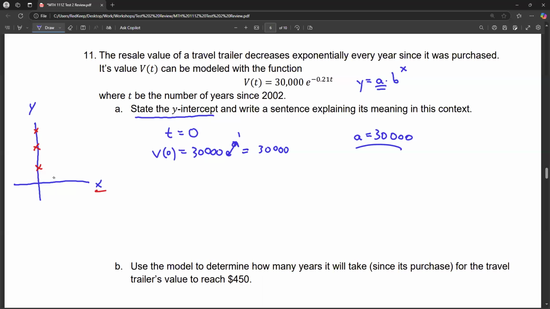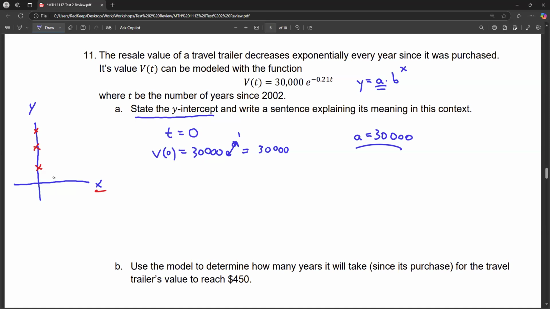Oh, and we are supposed to write a sentence explaining its meaning. Actually, more to what this question is asking us. I was describing a as the initial value, and that's exactly what we're dealing with.